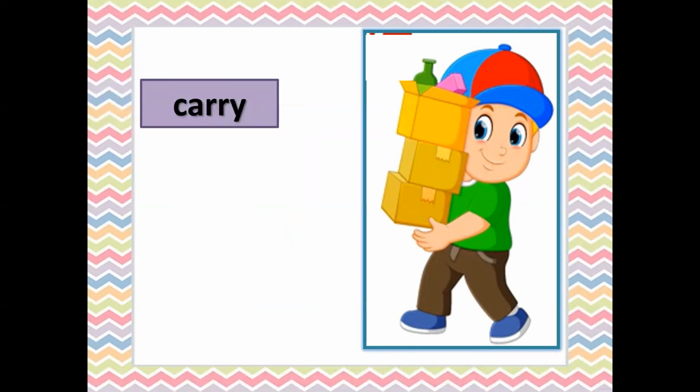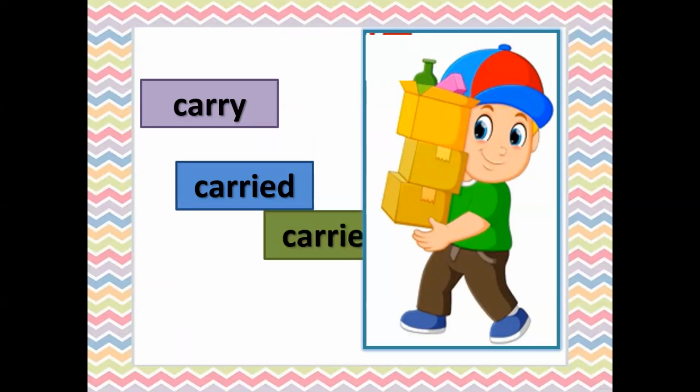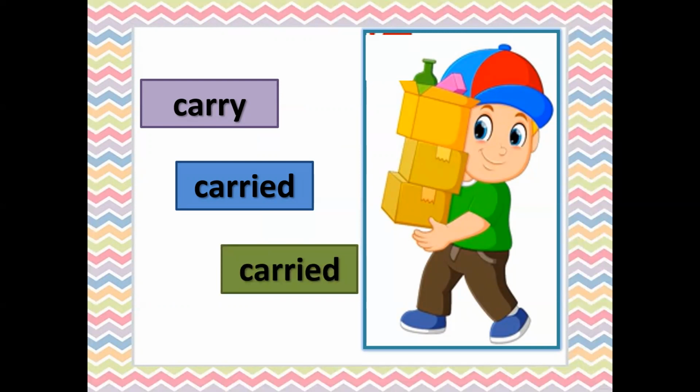Now, as we can see, here is a consonant and then the letter Y. So we will just take off the Y and add IED, right? Carried and carried. Is it clear to you? I hope, students, that regular verbs are clear to you all now.